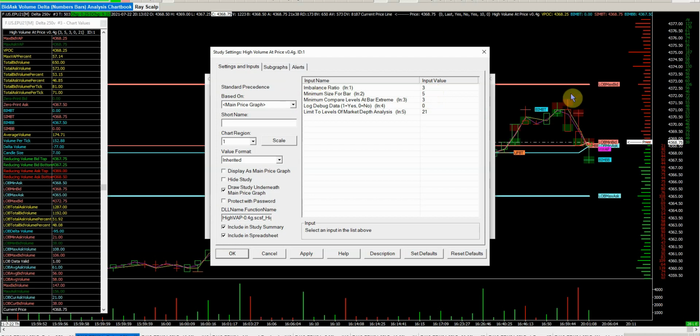That's so that I can have reducing volume. If I set it any lower than that, my reducing volume usually just disappears. So you can set minimum compare levels at the bar extreme. Those are set for 3.